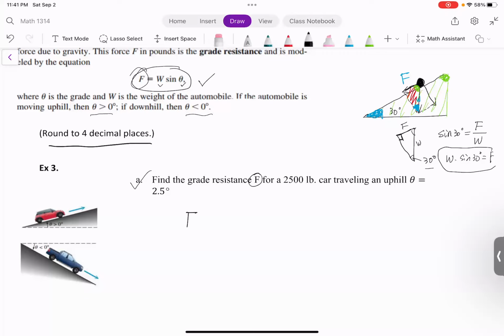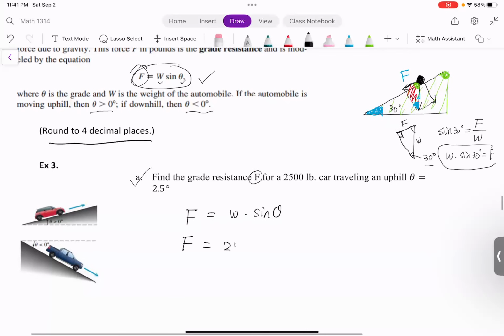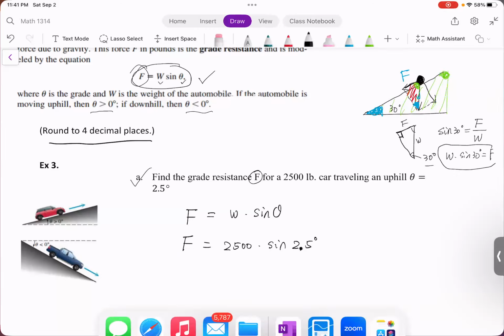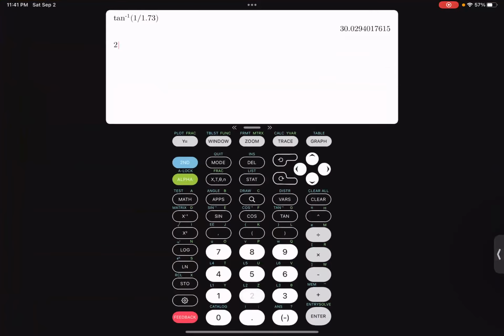Okay, it's very easy. F equals W times sine theta. So we're looking for F. W is 2,500. How about sine theta? Sine 2.5 degrees. Let's use our calculator: 2,500 times sine 2.5 degrees. This is degree mode, I didn't change it.